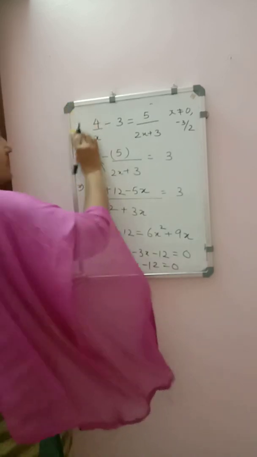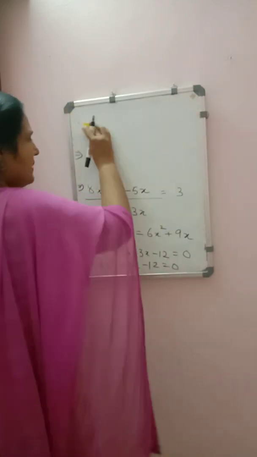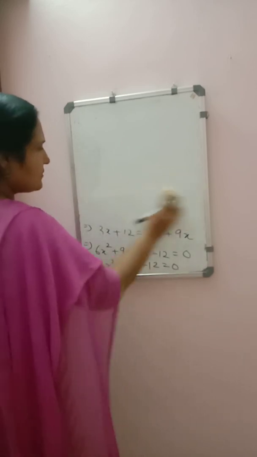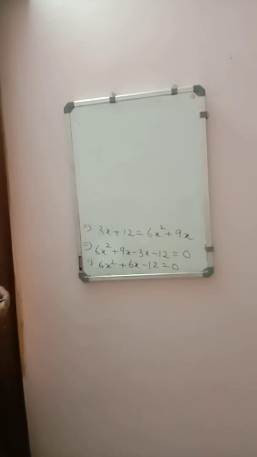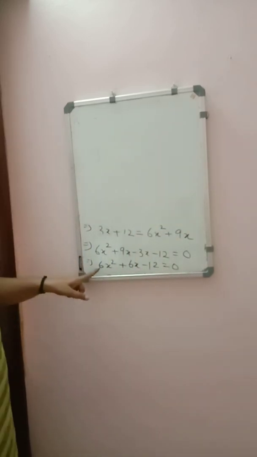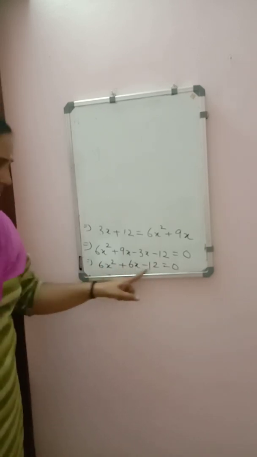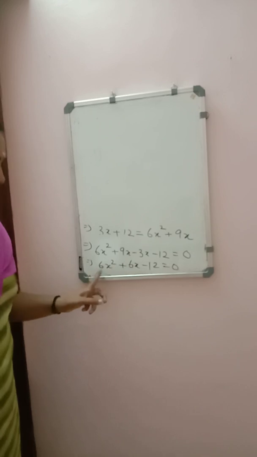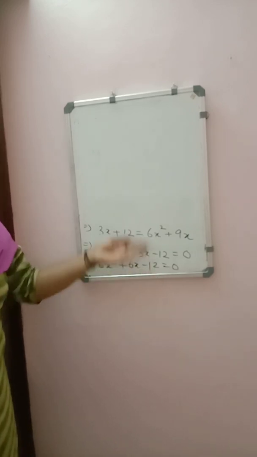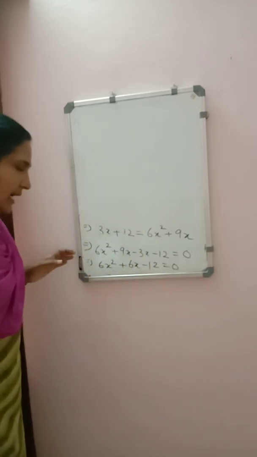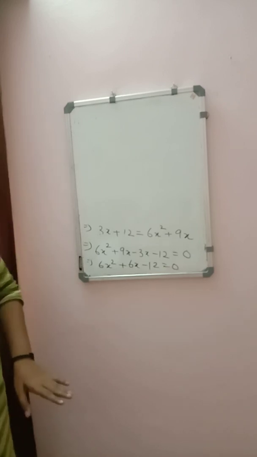At present, don't simplify there. We can make our quadratic equation easy so that it will be easy for us to find the numbers also. At present, we can check all the terms 1, 2, 3. In all the terms, 6 is there or a multiple of 6 is there. So better to make it short, we can divide the whole equation by 6.